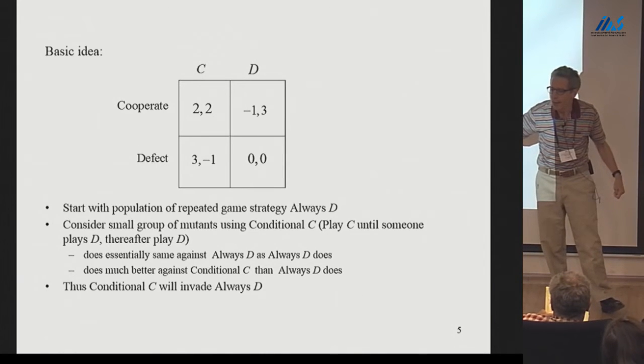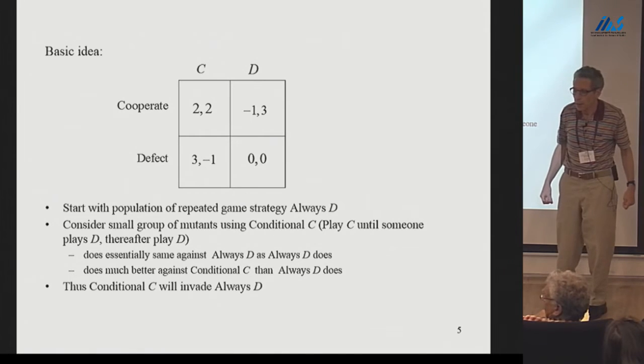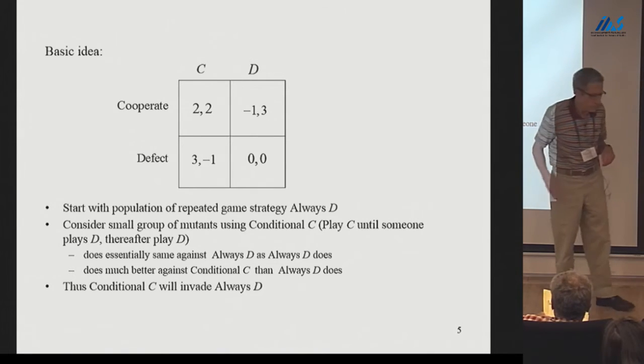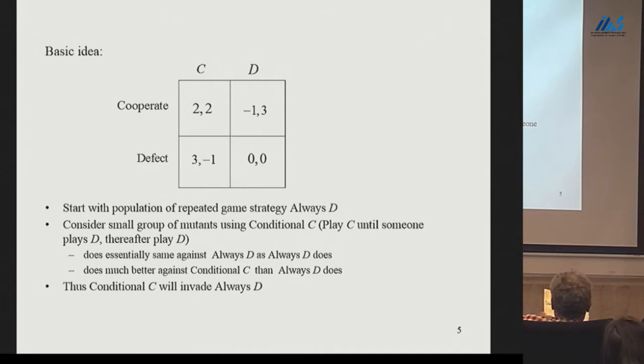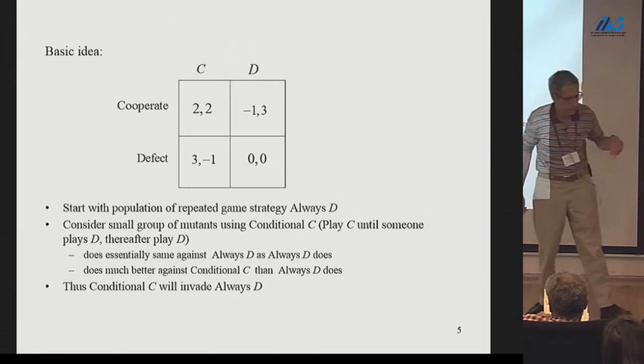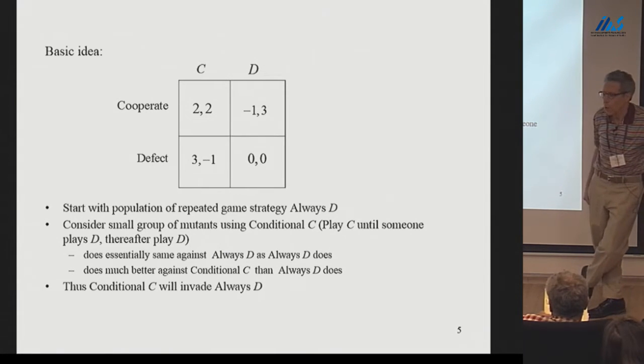But then your whole population is not always D. The population you start with, you have this island out there someplace, who are playing CC. And they can invade. But in a population that has always D, one mutant is not enough.